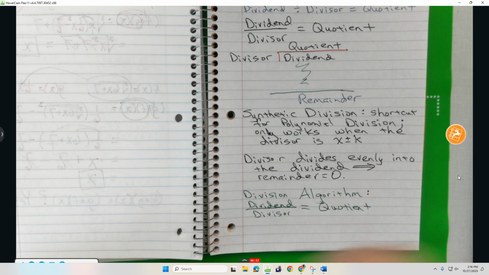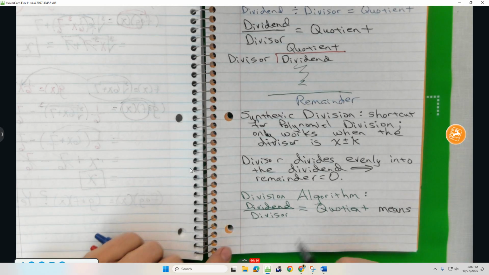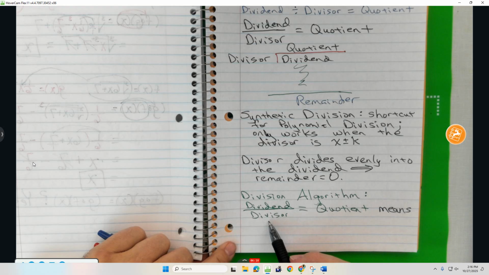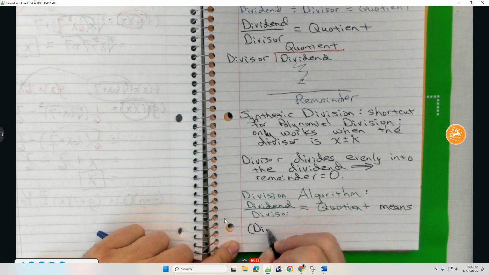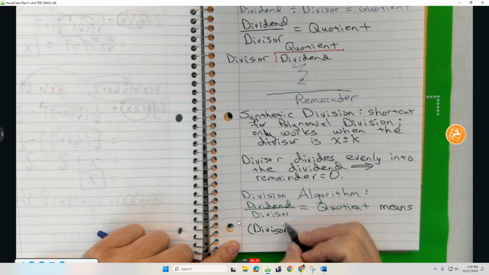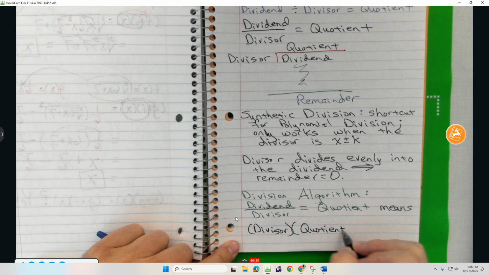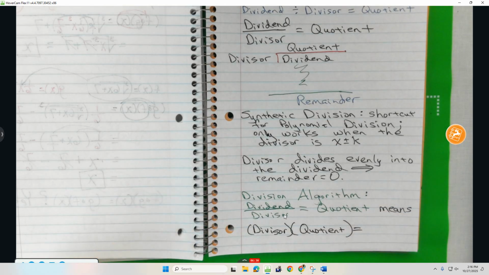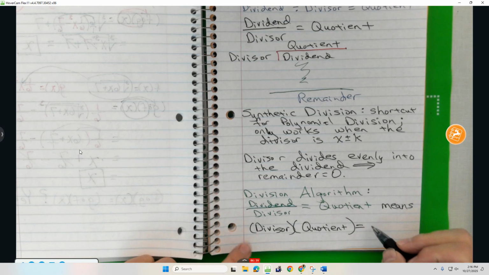what does that statement mean? That means that if you take the divisor and multiply it by the quotient, divisor times quotient, what are you going to get? The dividend.